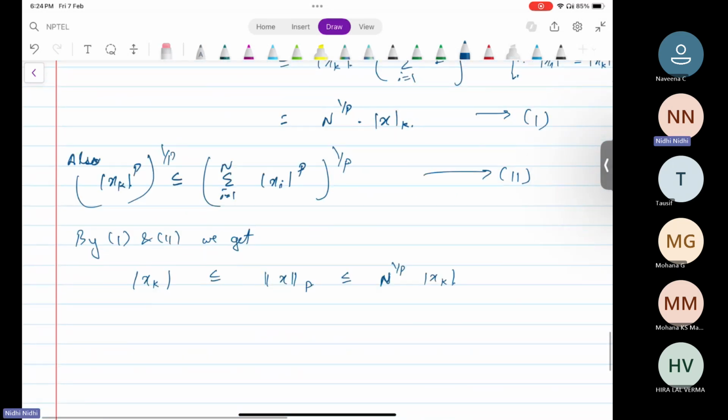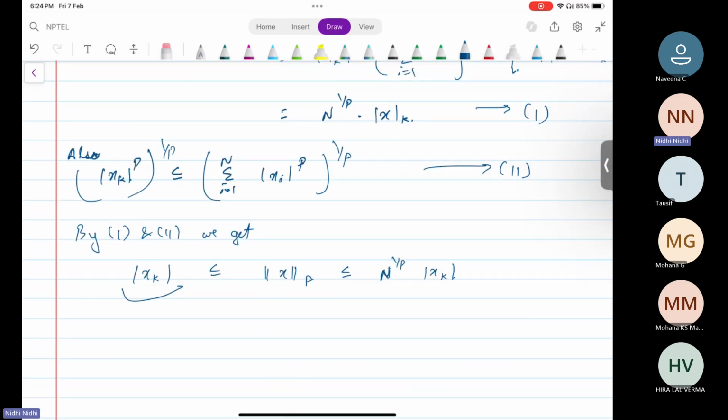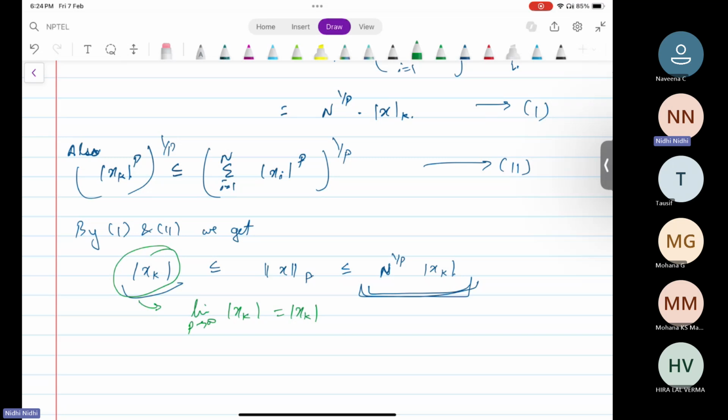Now taking p tending to infinity on both sides, this is constant with respect to p. And where does this tend? This left hand side term, the limit as p tends to infinity of modulus xk is modulus xk itself, because everything is independent of p. What about the right hand side term?